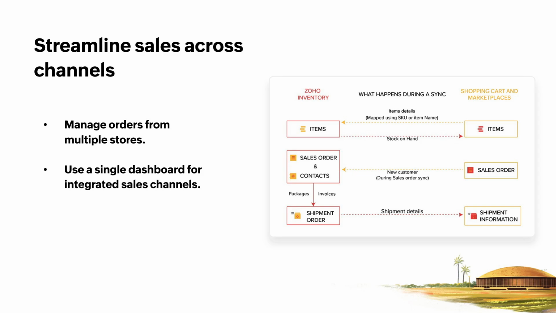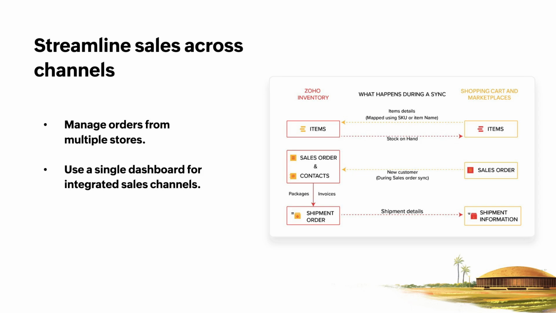And then after the stock sync is done, we help you manage your orders across the different platforms that you sell on. So if you integrate with all of these platforms, the sales orders that you receive on those platforms will automatically be synced into the system, and we leave it to the discretion of the end customer to either handle the fulfillment, that is the shipment, here in Zoho or at the marketplace's end.